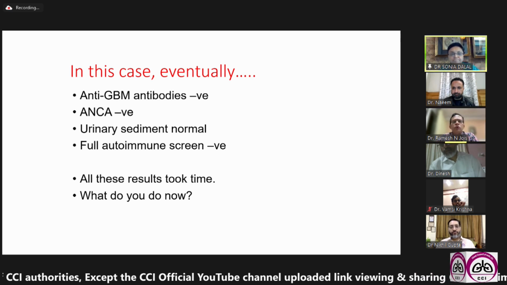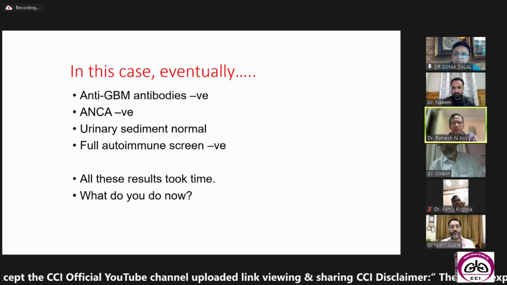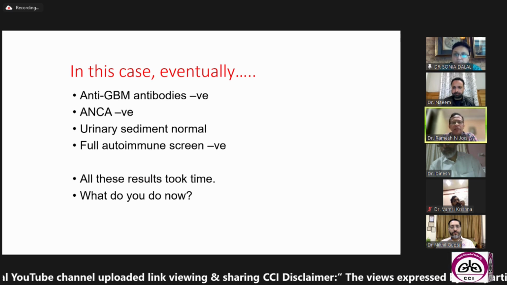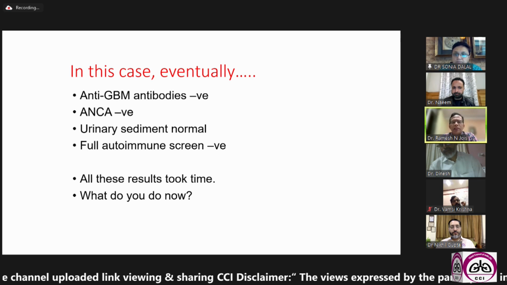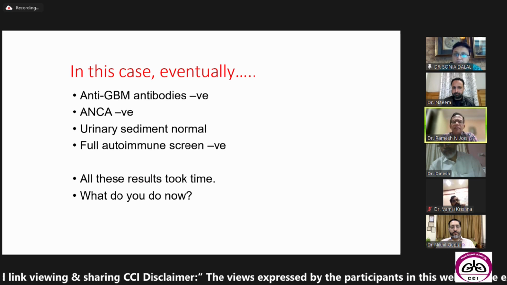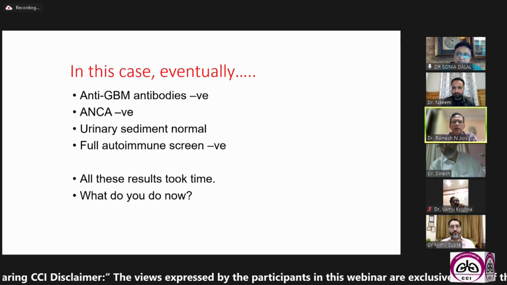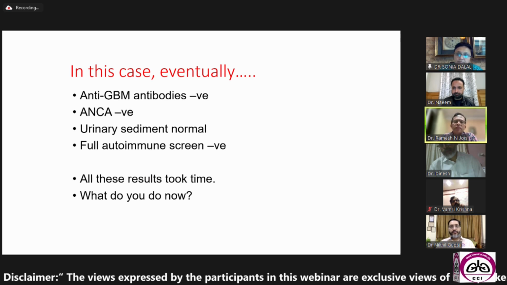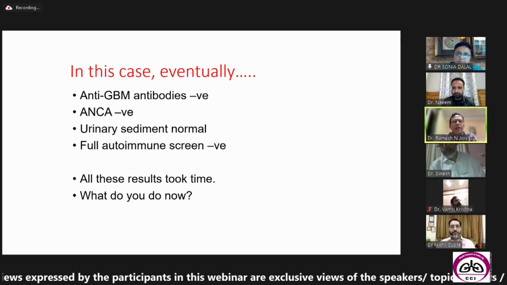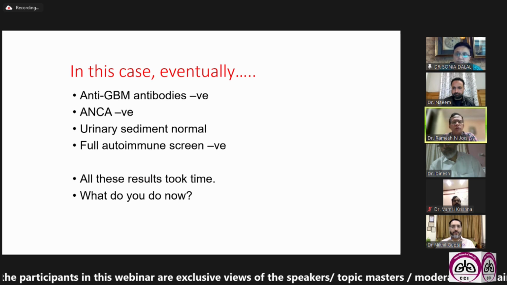So if the ANCA is done in both methods, that is immunofluorescence and ELISA, for discussion's sake, I would assume that it has been done in both. Both are negative. That, in one way, says it is less likely to be ANCA-associated vasculitis. However, we know that about 30% of patients with ANCA-associated vasculitis can be negative for ANCA at the time of presentation or anywhere during their course of illness.